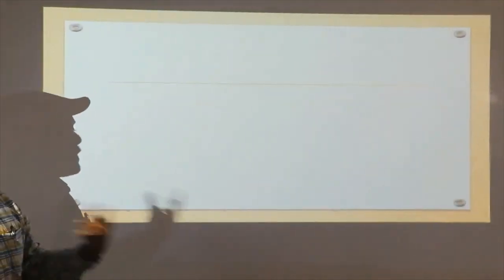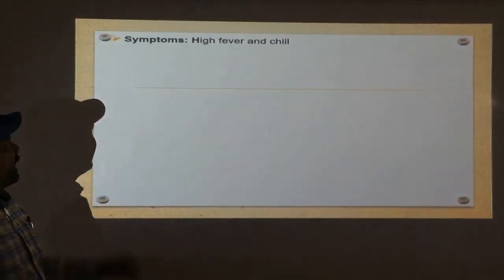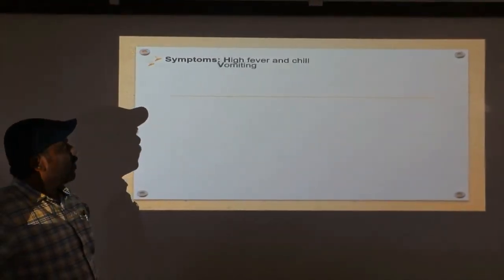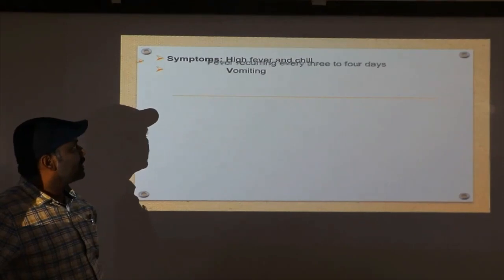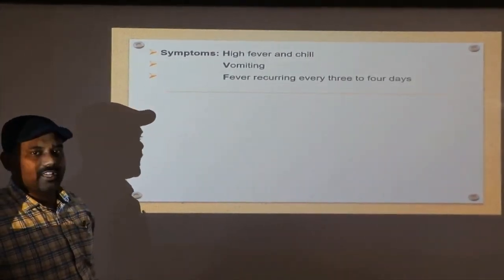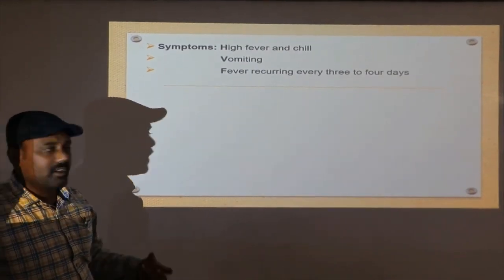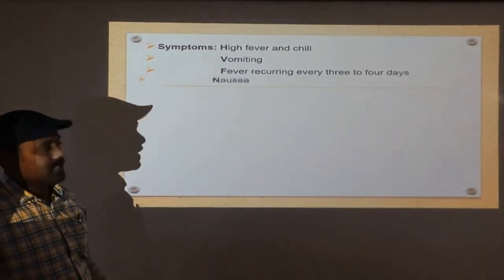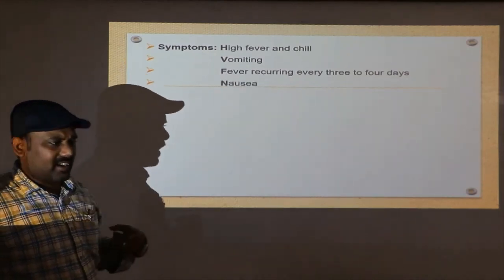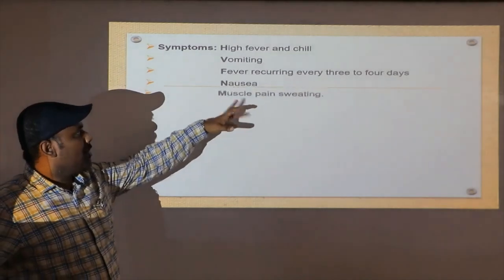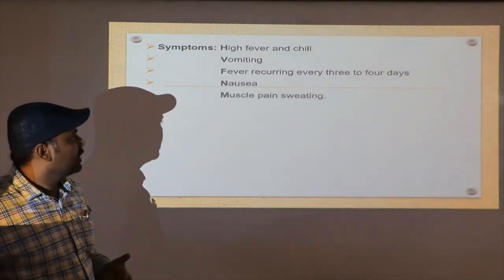malarial life cycle. Next, symptoms: high fever and chill, vomiting sensation or vomit, fever recurring every 3 to 4 days. The fevers occur every 3 to 4 days. Next, nausea, that is the feeling of vomiting or discomfort, muscle pain and sweating.